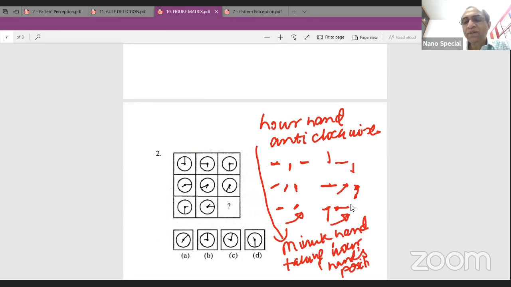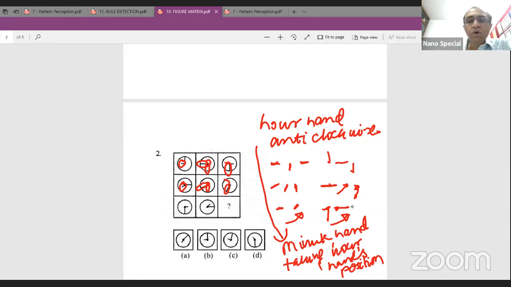Just look at all the figures. It is taking the hour hand's position. See here, the hour hand was here, and the minute hand has come there. Then the hour hand was here, the minute hand has come here. The hour hand is here in this figure, and the minute hand has come here. And the hour hand was here in this figure, the minute hand has also come there. So the hour hand is moving anti-clockwise, and the minute hand is replacing the hour hand in the next figure.